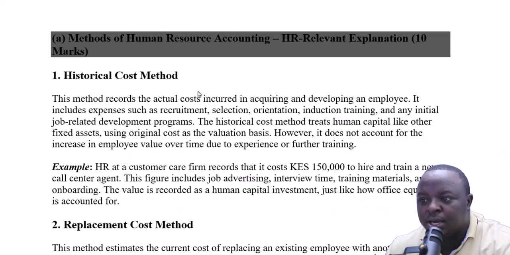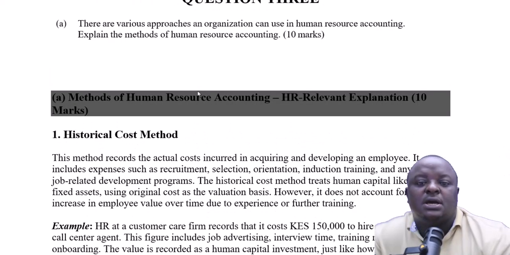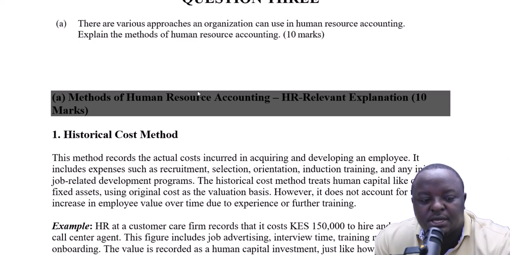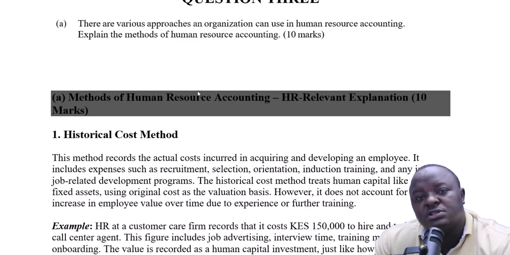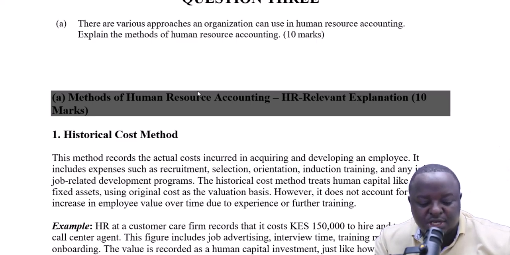Now, as earlier, I did say that human resource accounting is trying to find the value of the cost that the organization spends in personnel within an organization.